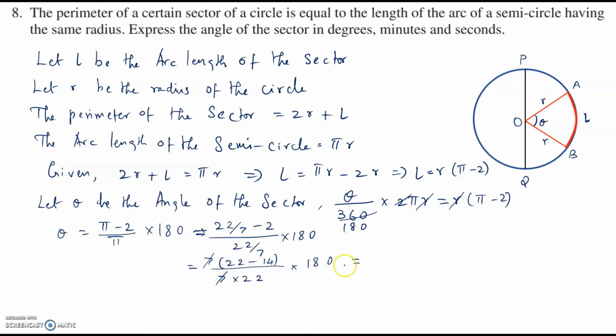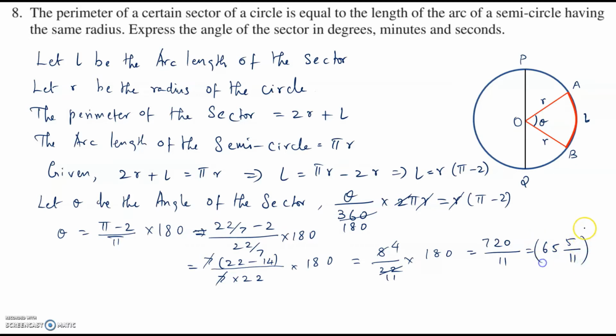So you're left with 22 minus 14, which is 8, divided by 22 into 180. Further simplifying this, 4 and 11. So the answer would be 720 divided by 11. And if you divide it by 11, you get 65 and 5 by 11.